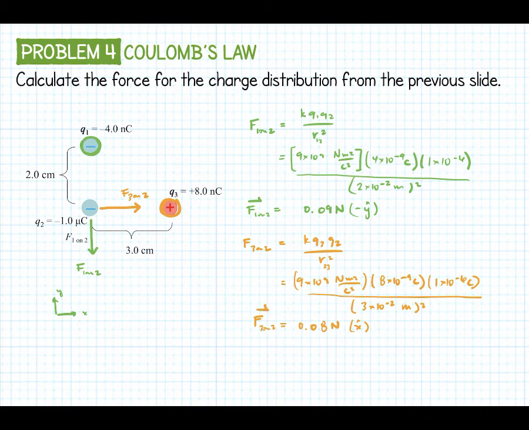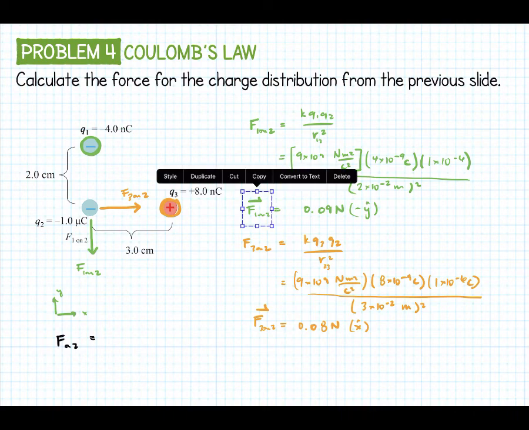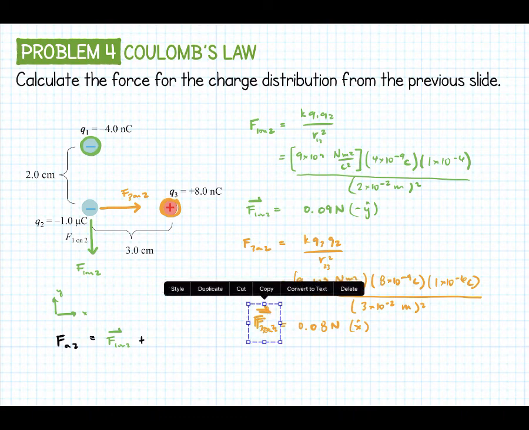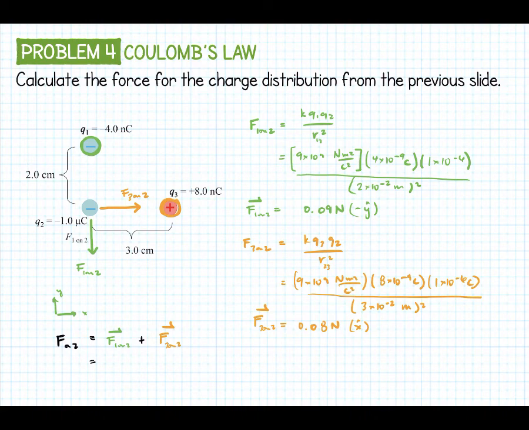So now we have our 2 vectors, and we want to add these vectors up. We want our total force to be this force plus this force, which is the same as saying this is equal to negative 0.09 y hat plus 0.08 x hat.